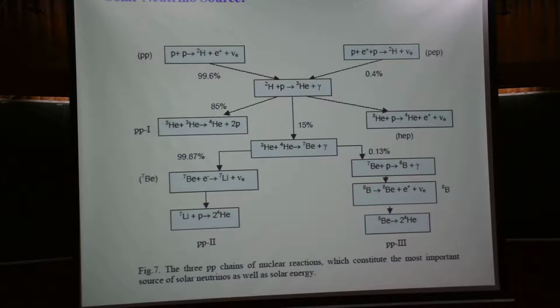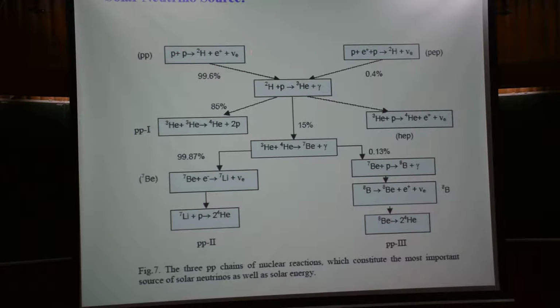Solar neutrino sources. The main source of solar neutrinos as well as solar energy is the pp chain, which converts protons into an alpha particle, a helium nucleus. In the first step, 2 protons fuse to form deuterium, a positron and a neutrino. There is a very little contribution from pep.